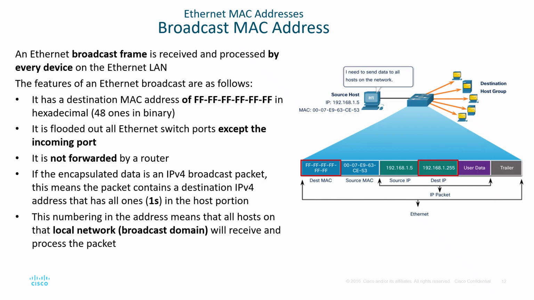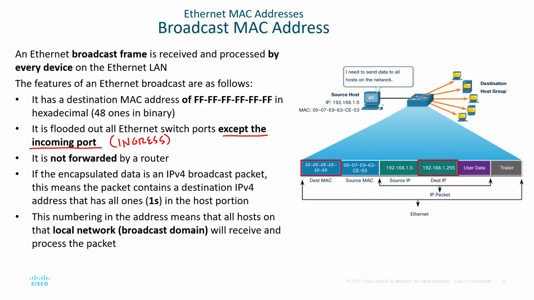It is flooded out all Ethernet ports except the incoming port, which is referred to as the ingress port. It will never send it back out the port that it was received from. It is not forwarded by a router. Very important. Routers do not pass broadcasts. They contain broadcasts.